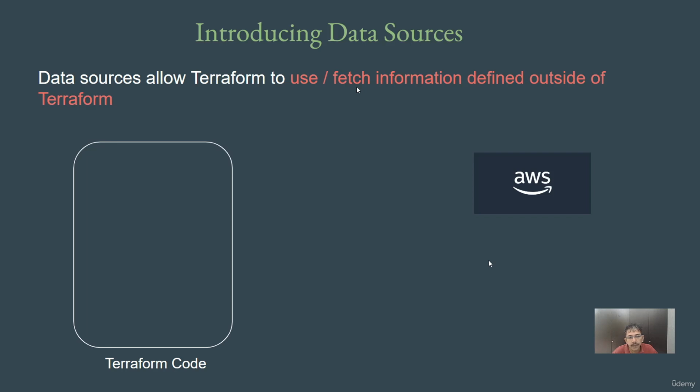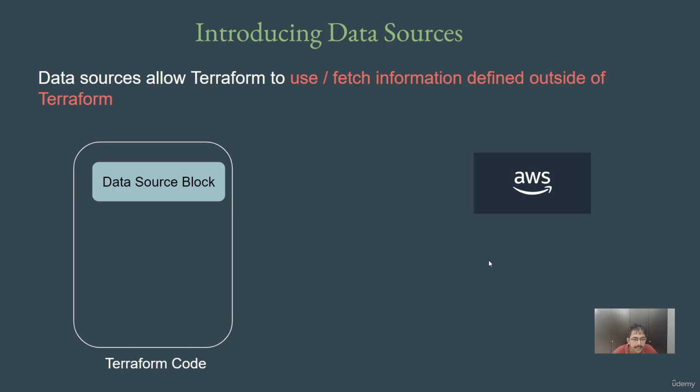In a typical approach where data sources are used, you define a data source block in your code. This data source block allows Terraform to fetch information that is defined outside of Terraform. This information can be in AWS, or it can be some text file that is located on your workstation and so on.